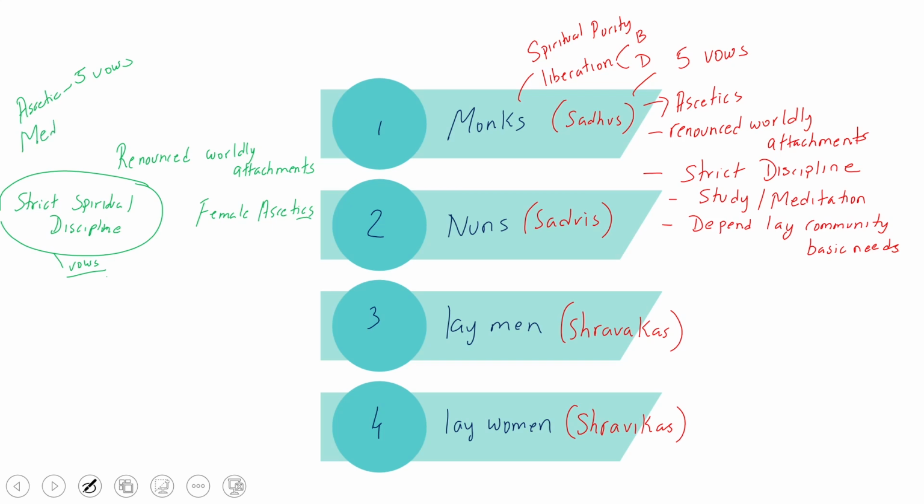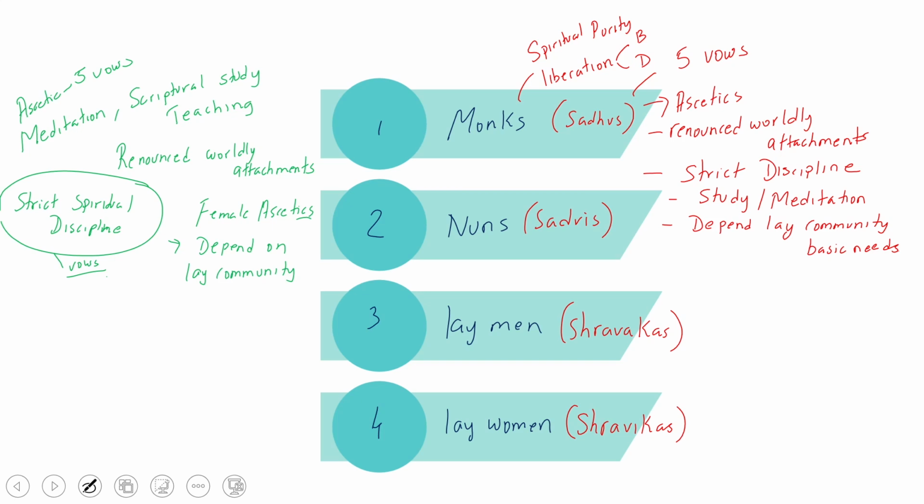They focused on meditation, scriptural study, as well as they also taught. Once again, we see that they also had to depend on the lay community for their basic needs.